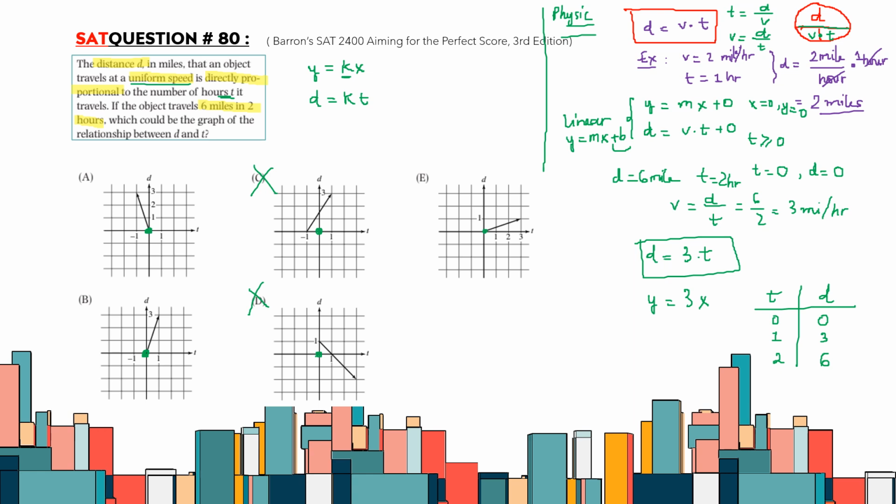Which one gives you the points 1, 3 and 0, 0? Only one matching is B. This one is negative slope. It doesn't move there. This one has to be moving there. Okay.